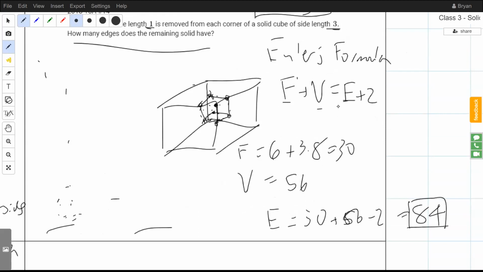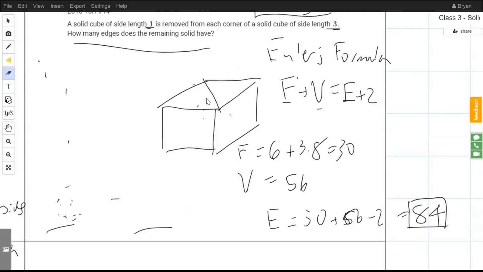There is another way you can do this, where you just skip this formula part. Let's just redraw it. Another way you could do this: you take this corner out again, and we can just count the number of edges straight up.